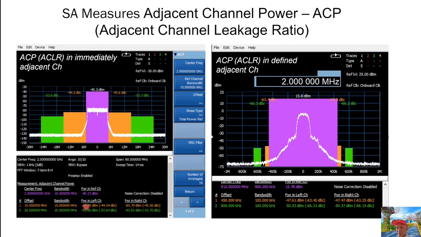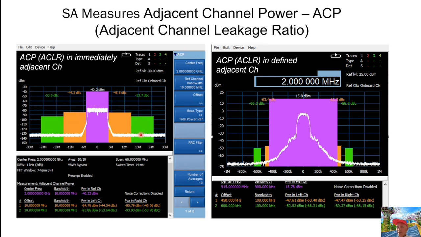The left channel is minus 84.76 dBm, which is minus 44.54 dBc compared to the carrier. That means it's 44.54 dB lower than the carrier power.